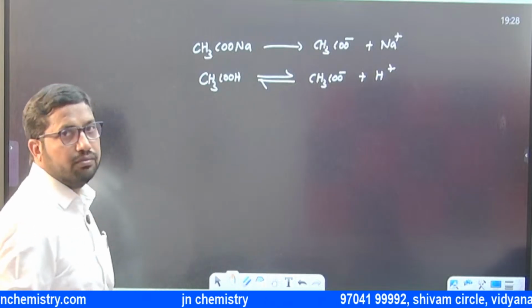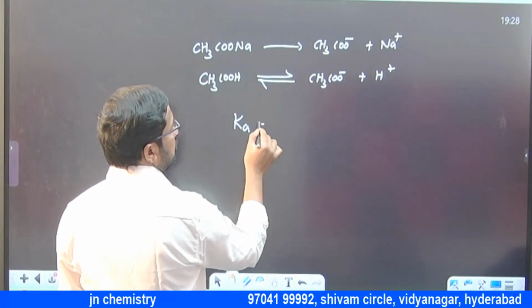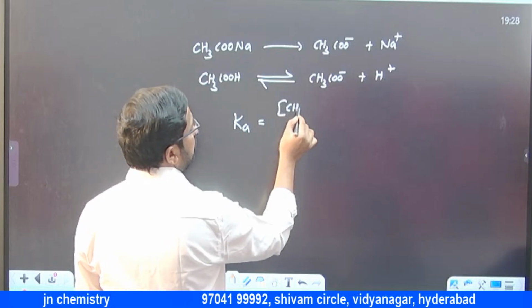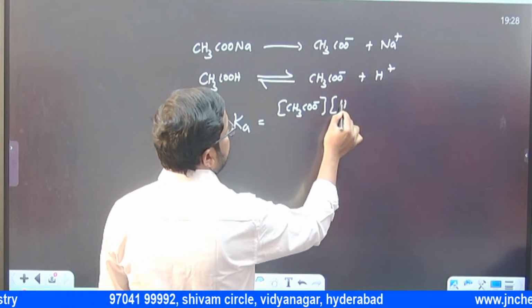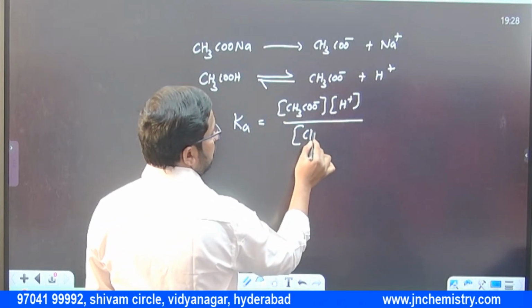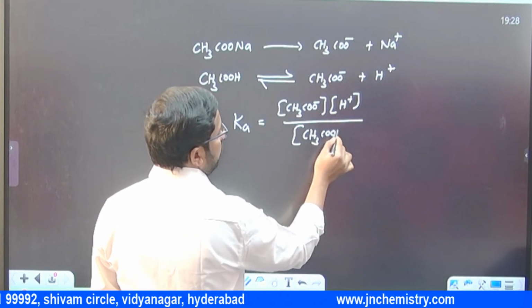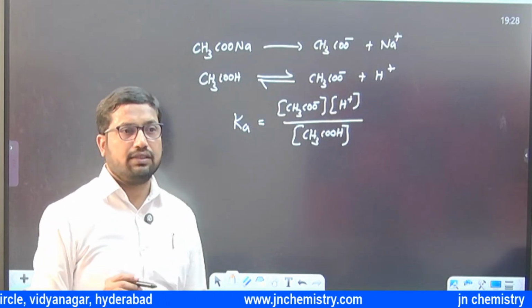So how can we write the Ka value for this? Ka equals concentration of CH3COO minus times H plus divided by concentration of CH3COOH.